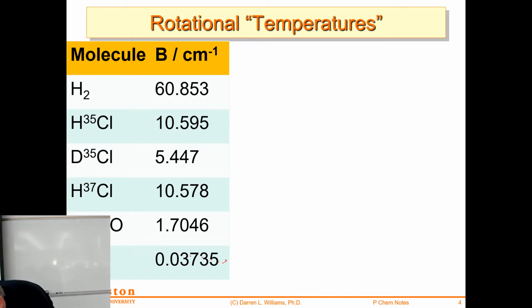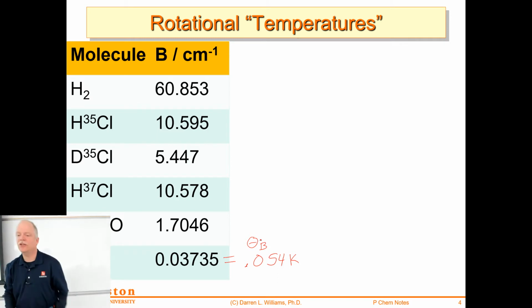So this is equal to 0.054 Kelvin. That's theta B. So that's the rotational temperature for iodine.